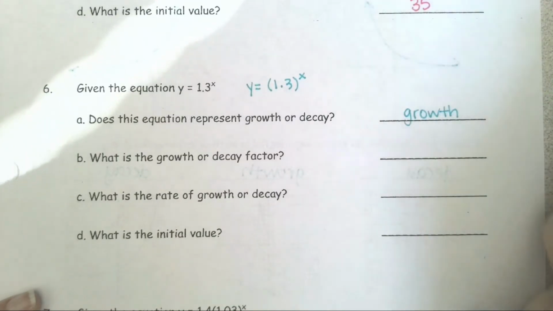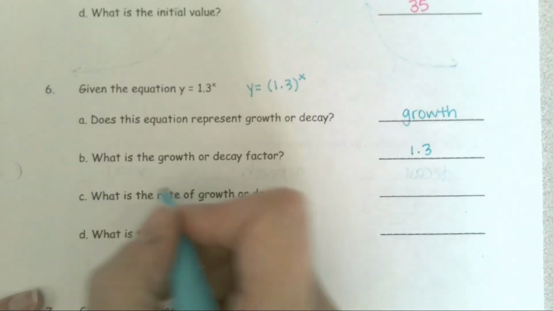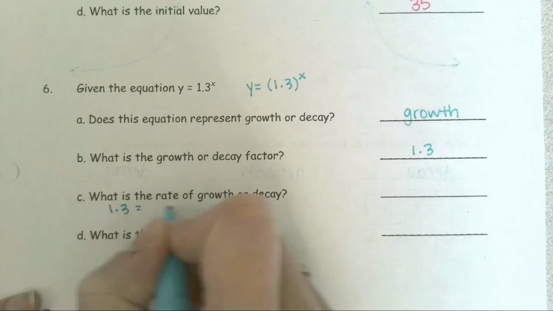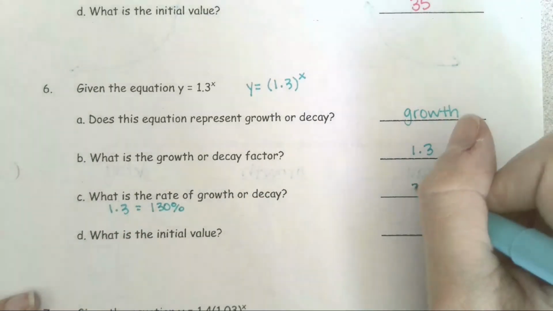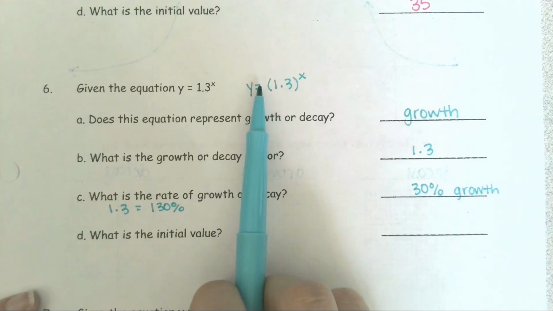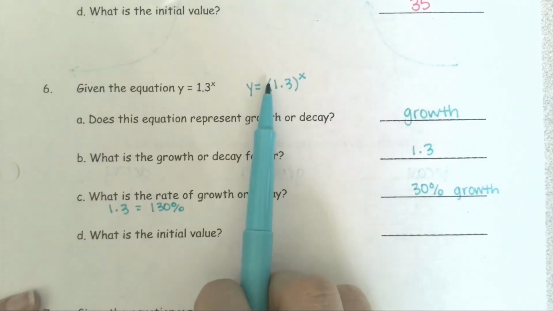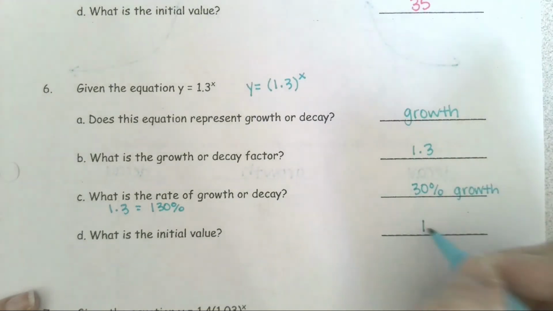The growth factor is 1.3. 1.3 can be rewritten as 130%, which is 30% growth. And the initial value here, there's nothing attached to this base. There's nothing in front of the parentheses. There's nothing else. So the initial value here is just 1.